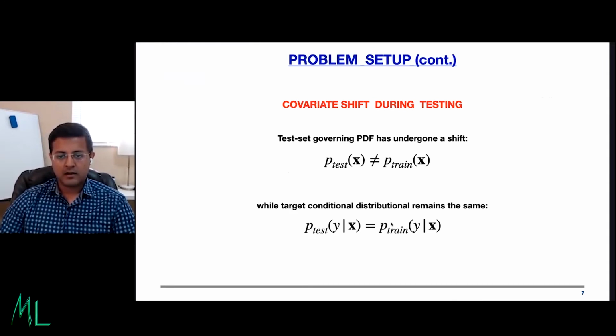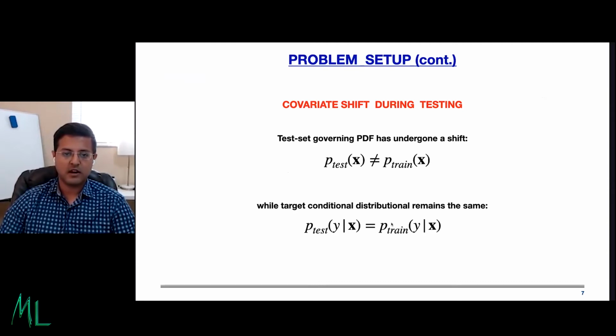And to make it more challenging, we also incorporate covariate shift during testing. What covariate shift means is that the test set governing PDF has undergone a distributional shift that makes it no longer equal to the training set PDF, the governing PDF of the training input data. And this happens while the target conditional distribution remains the same.